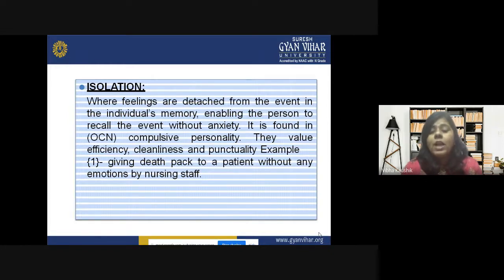When she has to give a death pack to a patient, the nurse can only do that when she does not have any emotions related to that particular patient. So she has to detach her feelings from the person, enabling her to give the death pack.